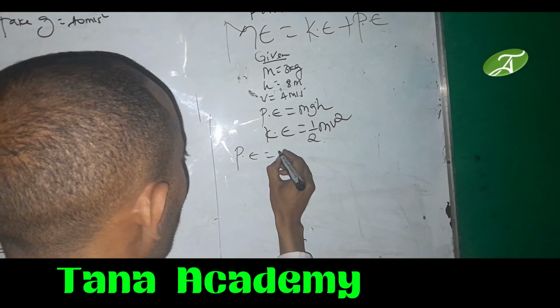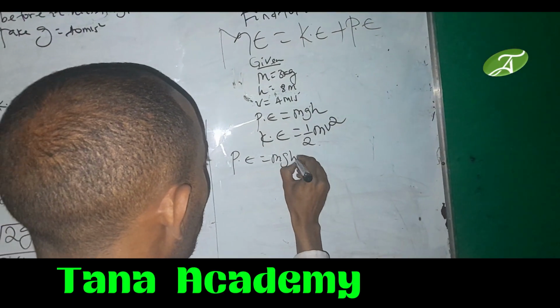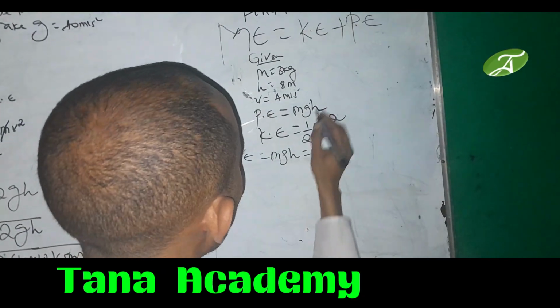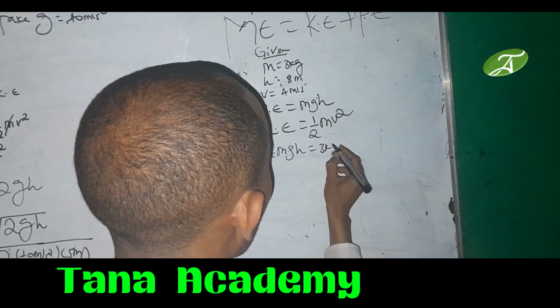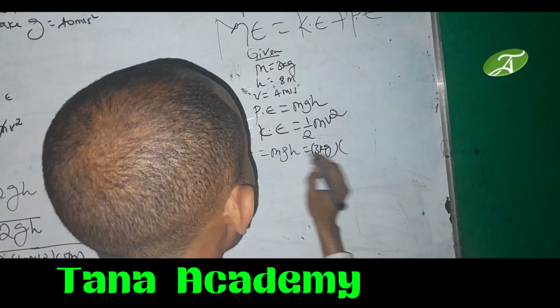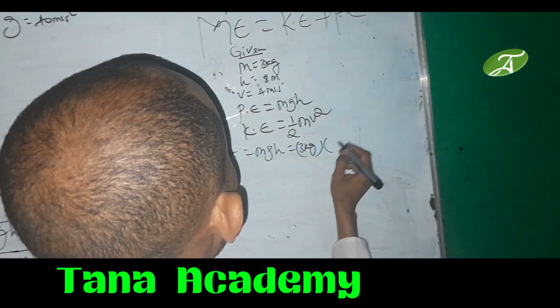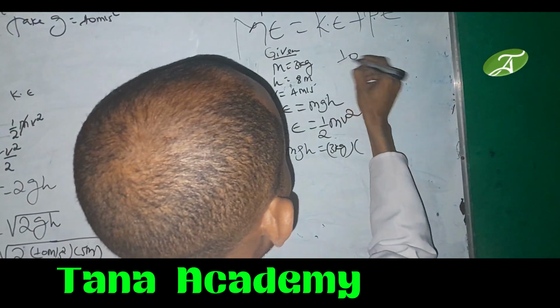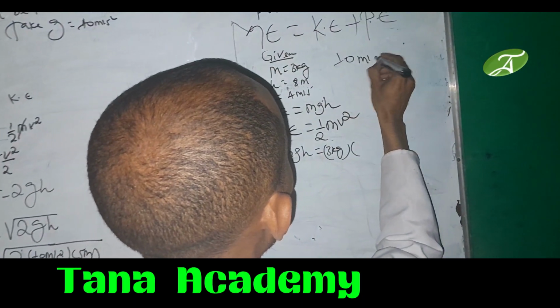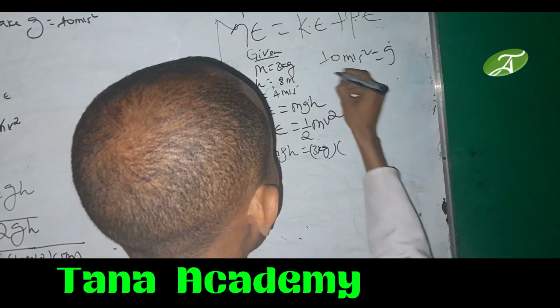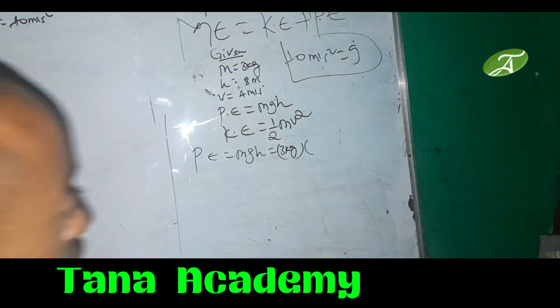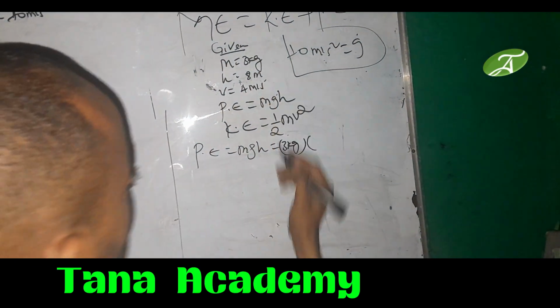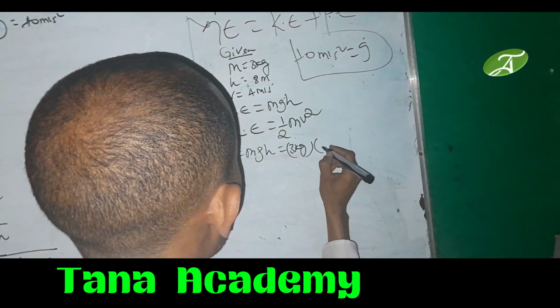Potential energy is equal to mgh, mass times gravity times height. Mass is 3 kilogram, and we can take gravity as 10 meters per second square for ease of calculation, but technically gravity is 9.8 meters per second square.